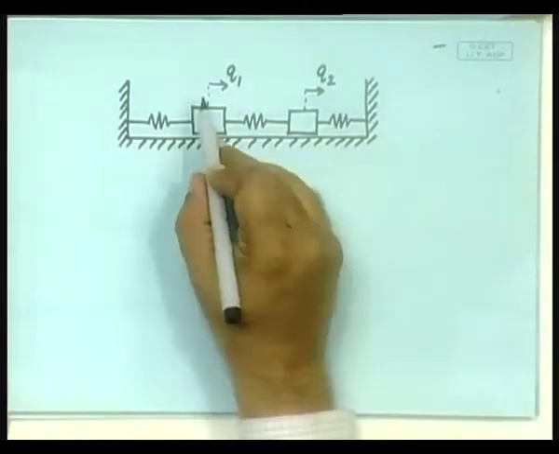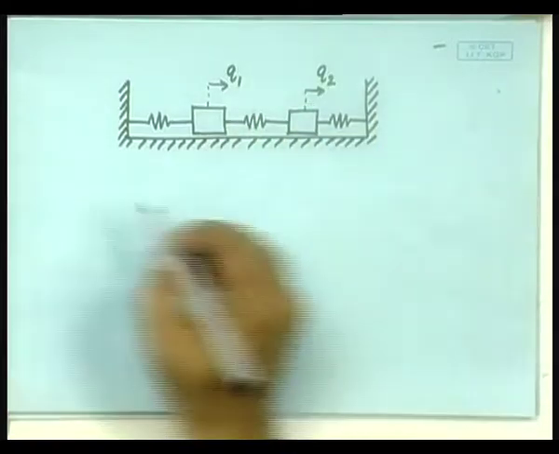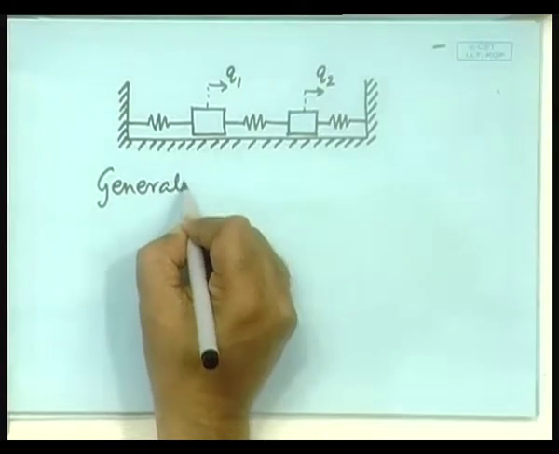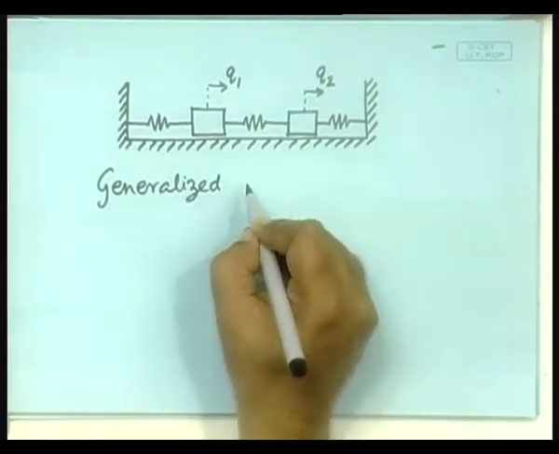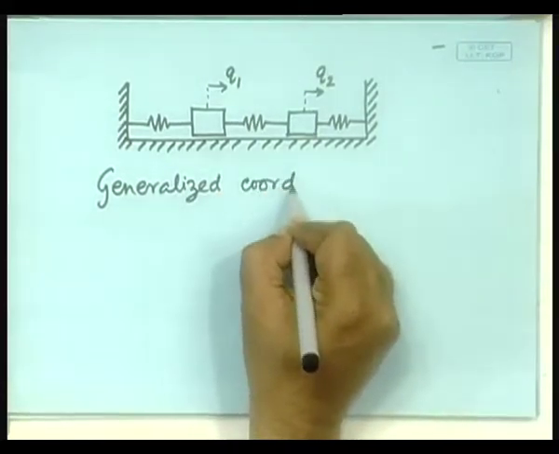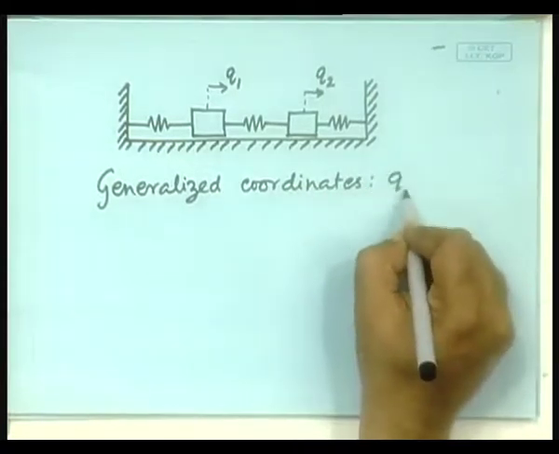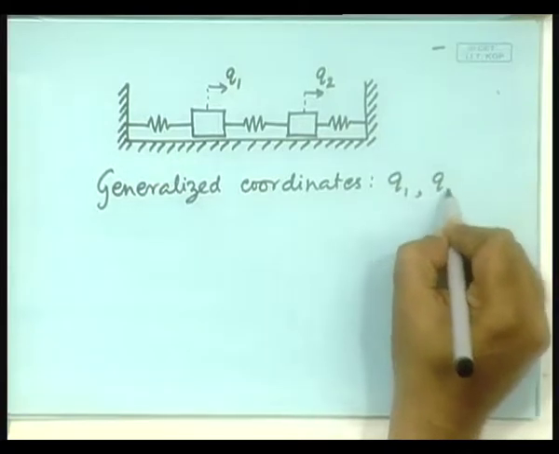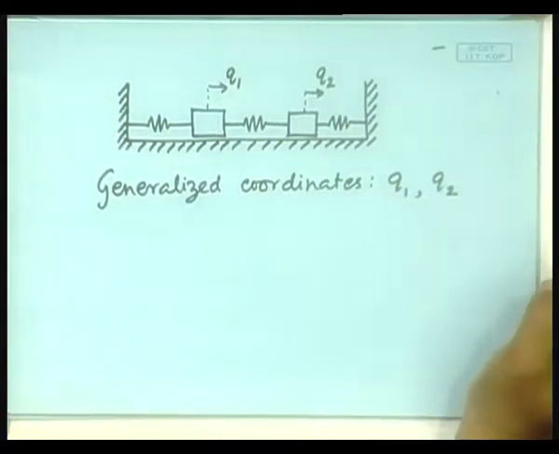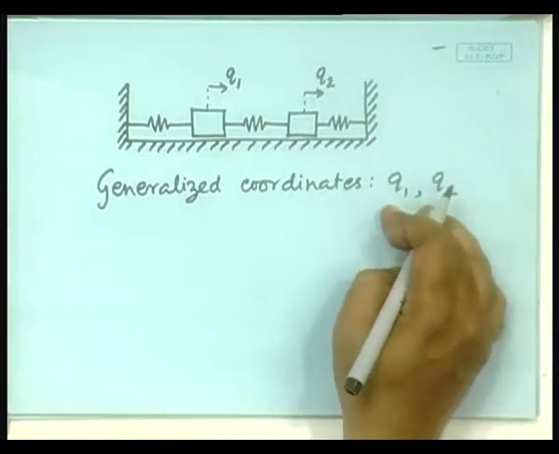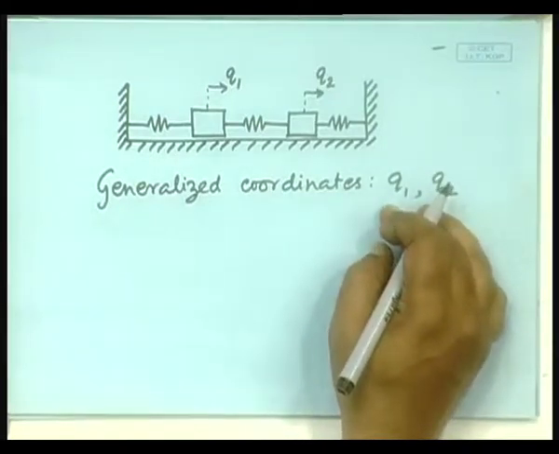The moment we have written down these two as the generalized coordinates, in terms of these two we need to write down the kinetic energy and the potential energy.